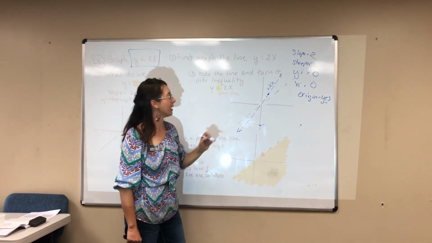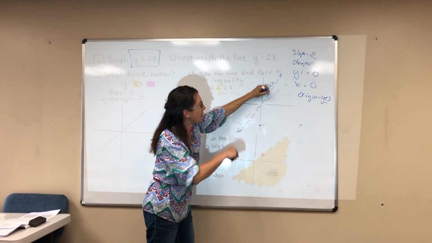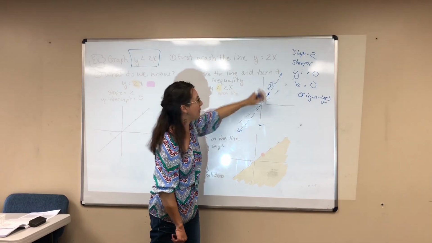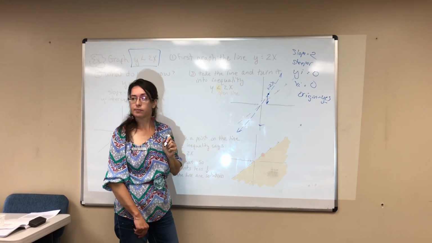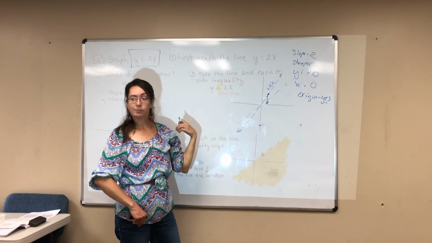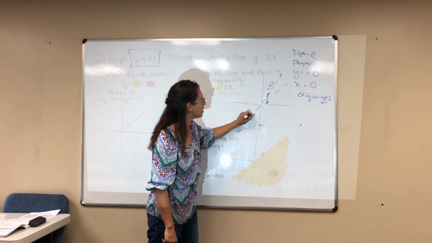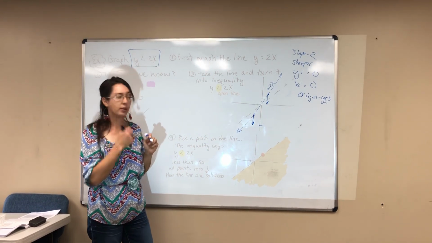For this point, I want a y value less. Y only goes vertically, up and down. So I'm going less than that point. Does that make sense? So if I'm going here, I want a y value less than that. I'm going down from that.